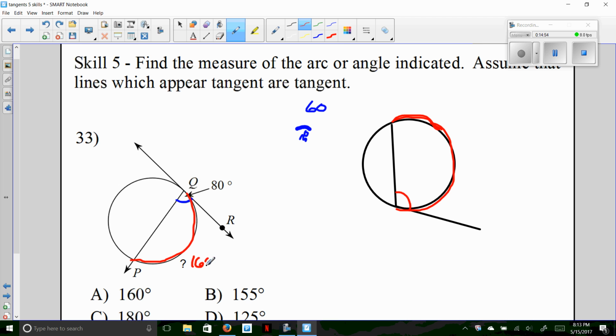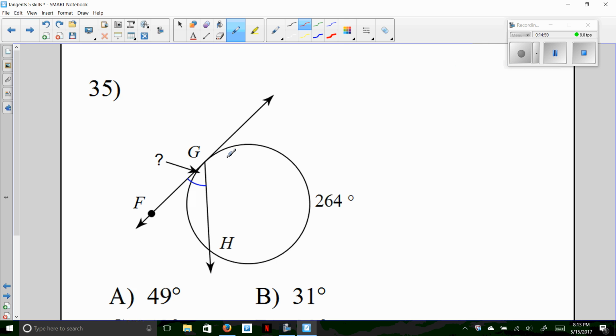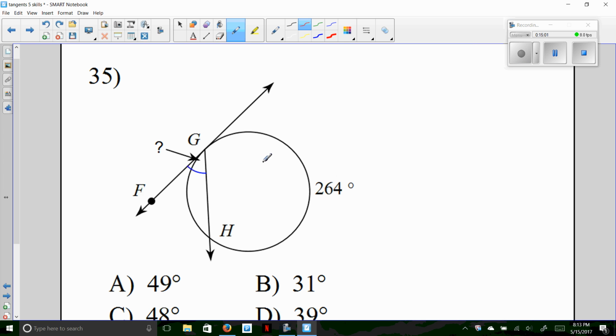So if I focus on this 264, and this is the angle that goes with that, so that's half. So if I take 264 divided by 2, I get 132. And then apply the half circle, you get 48 again.